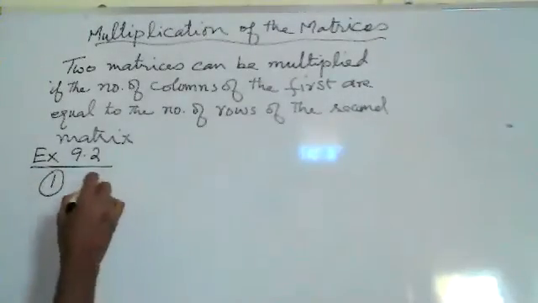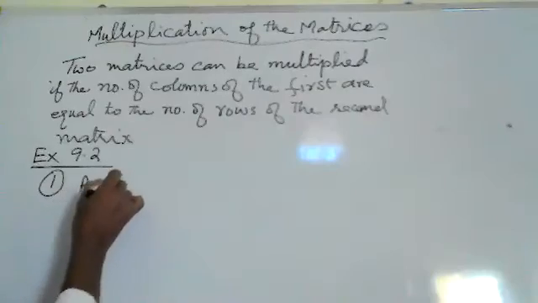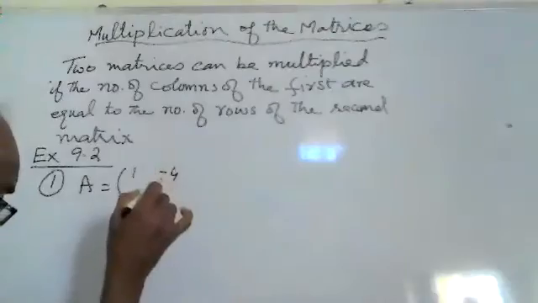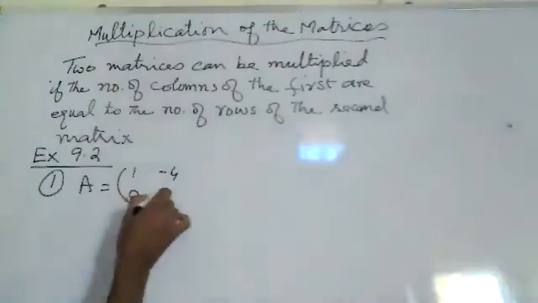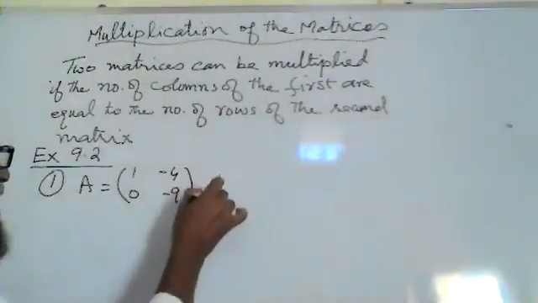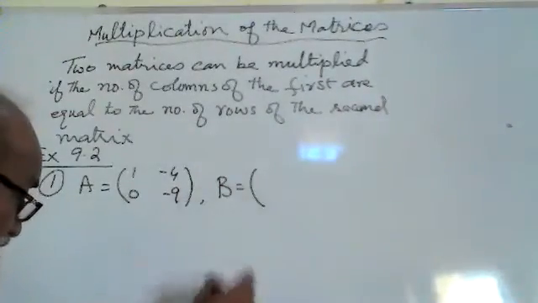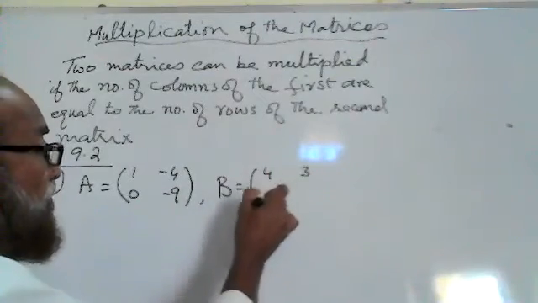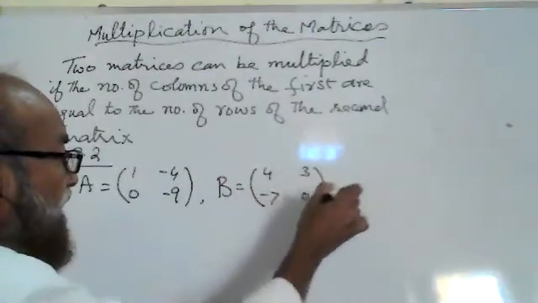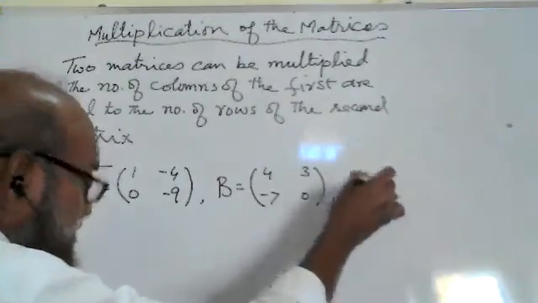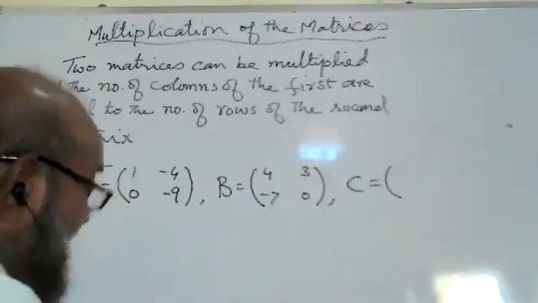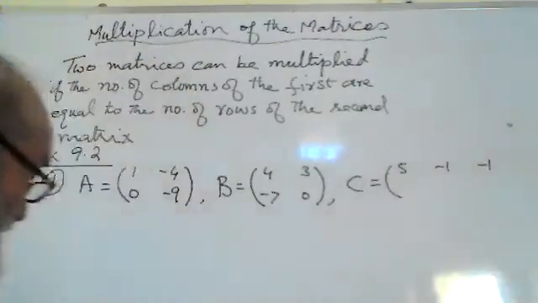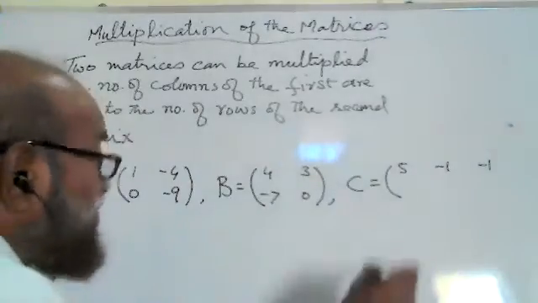Matrix A is equal to 1, minus 4, 0, minus 9. Matrix B, 4, 3, minus 7, 0. Matrix C, 5, minus 1, minus 1, 12, 0, 2.